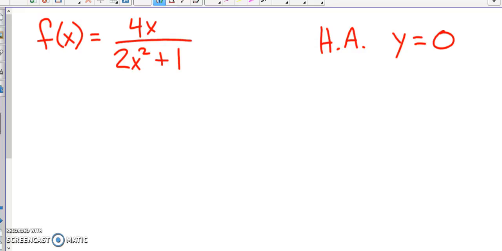Therefore, there's no vertical asymptotes in this. Basically, what you could do is set this bottom part equal to 0 and solve it, and you'd end up with plus or minus the square root of 1/2 times i, obviously. And since that's imaginary, you don't have to worry about any vertical asymptotes.